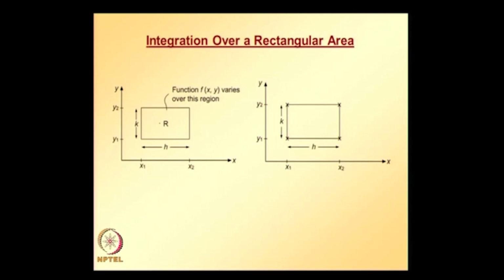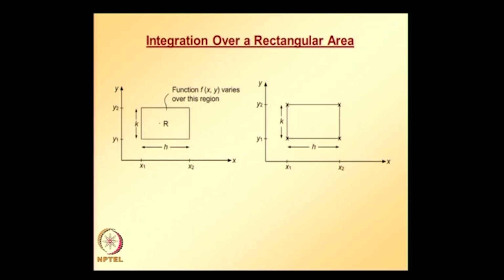So let us take a rectangular area like the figure shown on the left hand side, and now if you recall the trapezium rule, we are basically using 2 points in the trapezium rule. So the 2 points along the x direction and 2 points along the y direction are shown in the figure on the right hand side.